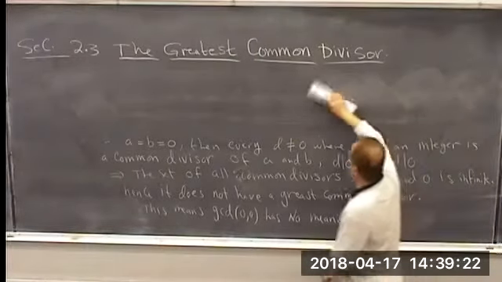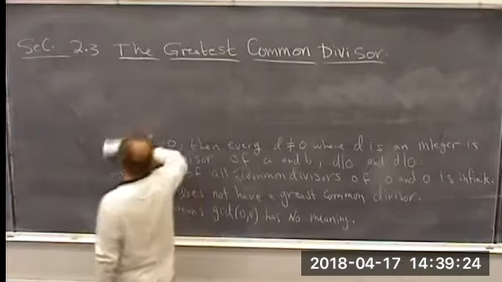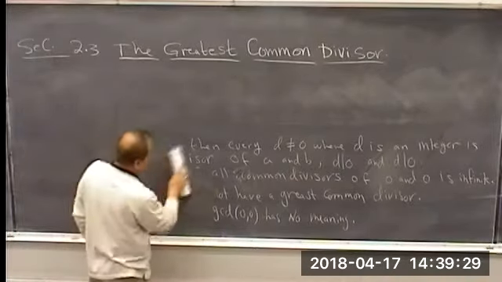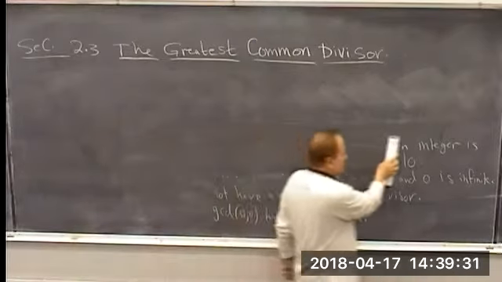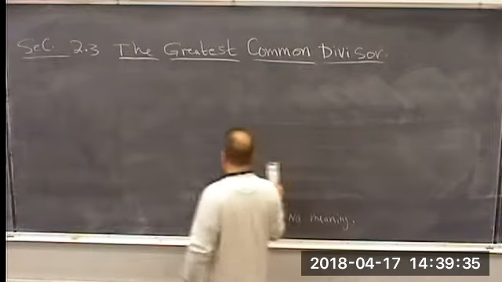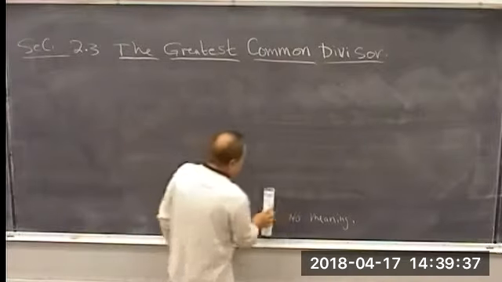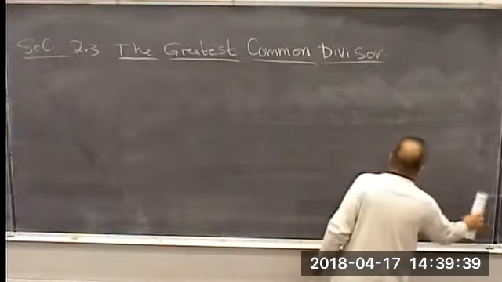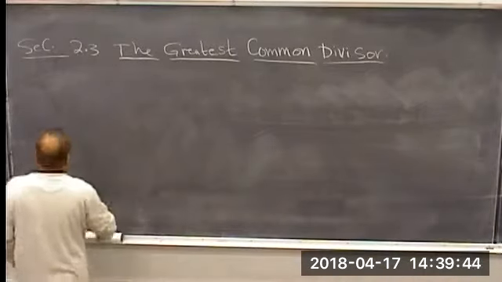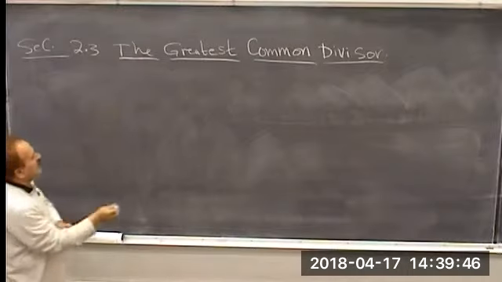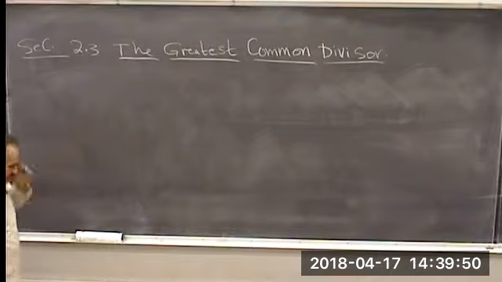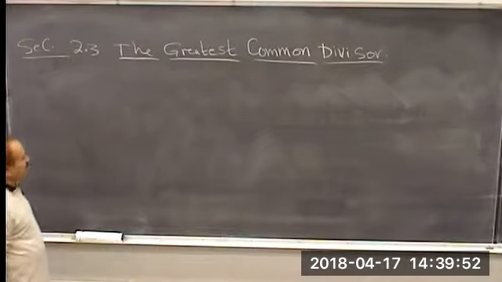And in particular, we are interested in the positive common divisors between a and b. Here we are taking the intuitive meaning of a greatest common divisor to be a common divisor that is largest among all of these. That's the way we're going to define this.